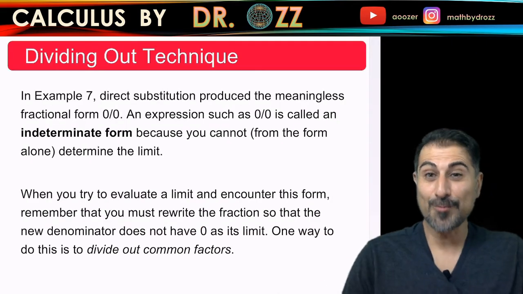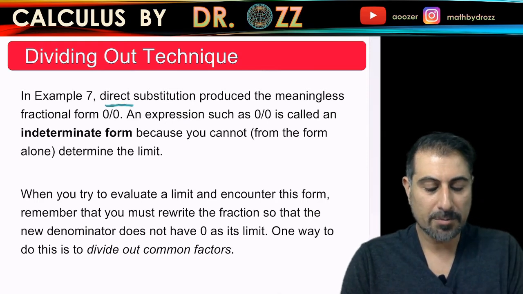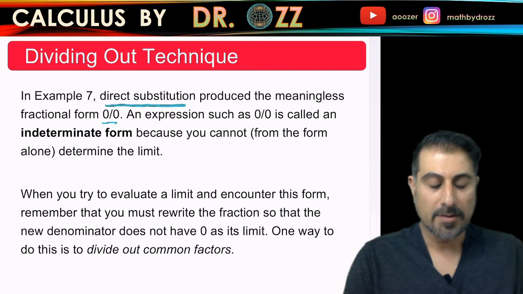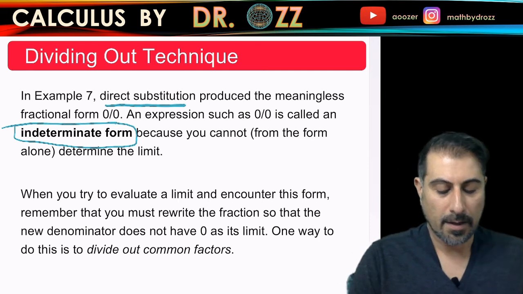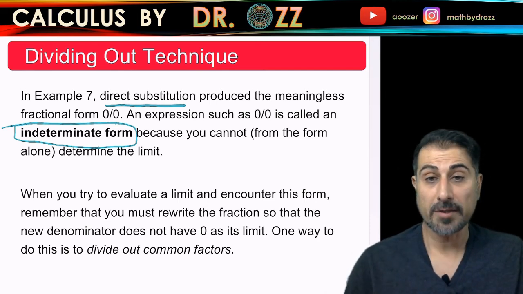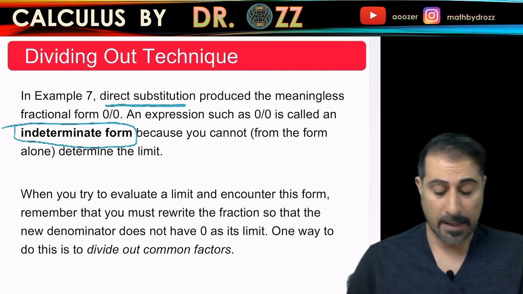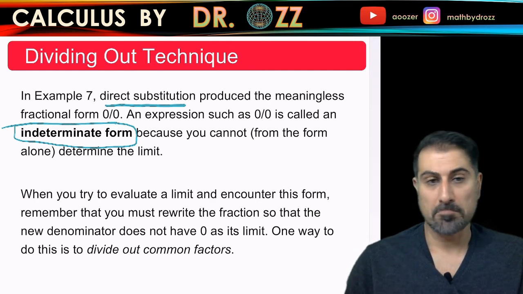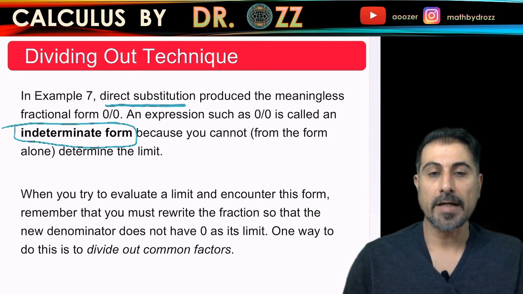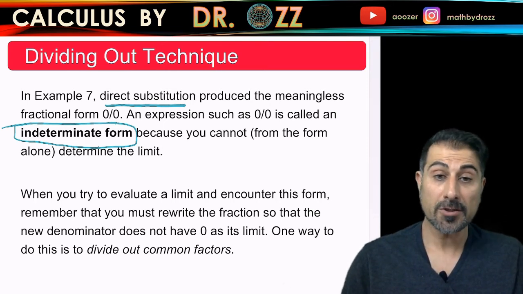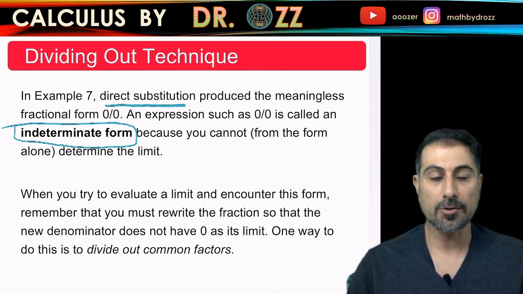Here are a few important remarks coming out of this example. Here, direct substitution spat out a 0 over 0 type indeterminate form. Because you cannot determine the limit here, since 0 over 0 is unknown, and if you evaluate a limit and encounter this kind of form, the obvious way to handle this problem is the dividing out technique, if you can, so that when you rewrite the rational function, hopefully the new denominator doesn't have 0 as you pass the limit.